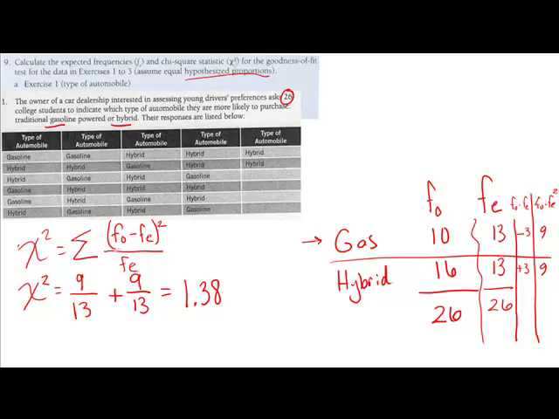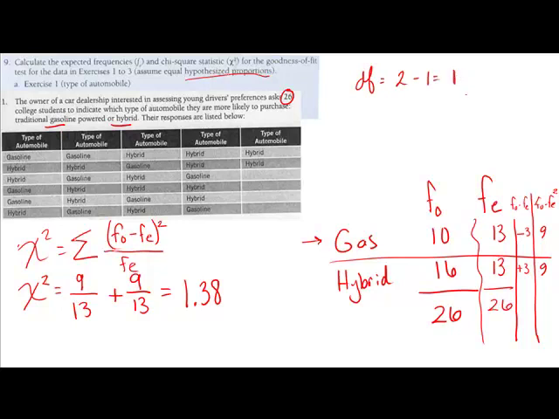It's not asking me to test a hypothesis or anything. That's all it's asking us to do. But if we wanted to know whether or not there's a difference in what we have observed versus what we would expect, to take this to the next step, what's our degrees of freedom? Well, we have two groups.